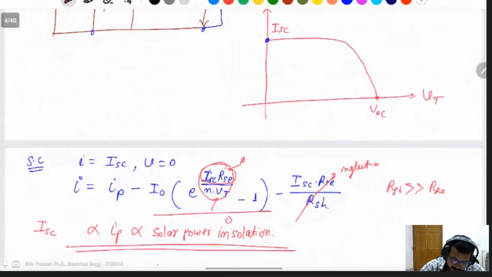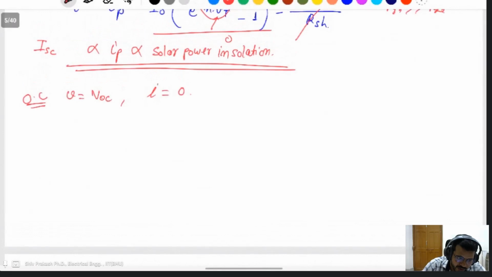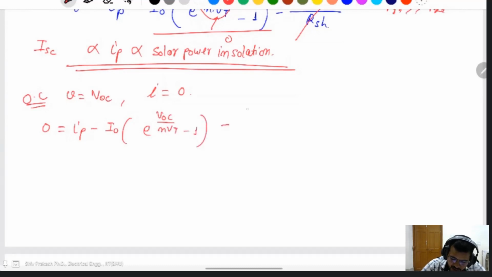If you apply this one, you will get I equal to 0, this will be IP minus I naught e to the power of VOC divided by NVT minus 1 minus VOC divided by RSS. This RSS is also very much larger than the VOC, that's why you can neglect this one also.